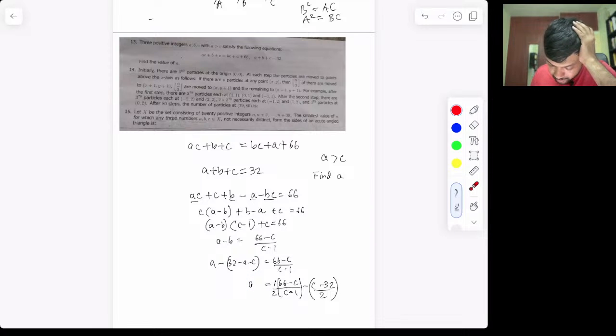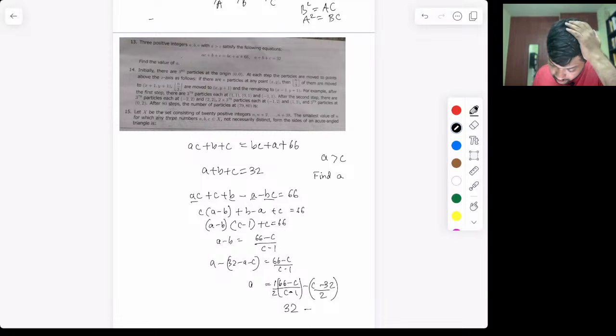Okay, so what is the minimum value of c you can put to make this as large as possible? So you can put c is 2. Will that work? If you put c is 2, 2 minus 1 is 1, 66 minus 2 is 64 by 1 is 64, minus 2, oh, that won't work, is it? c minus 32 by 2.